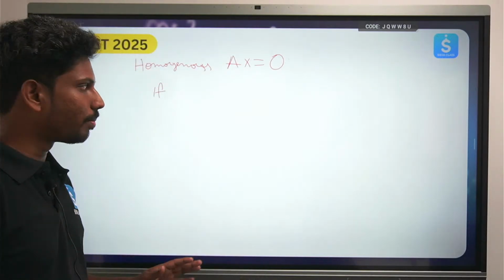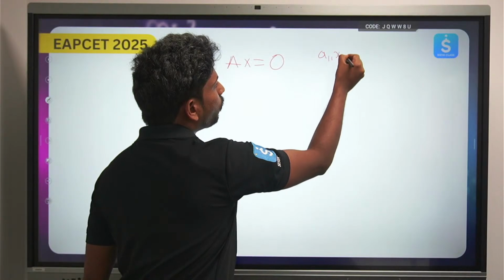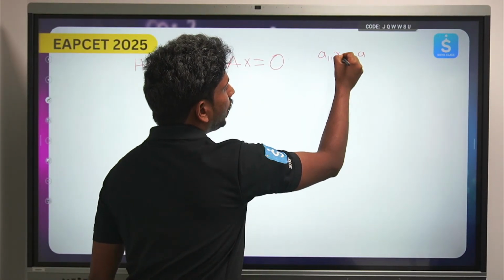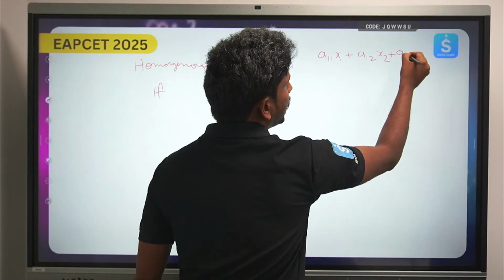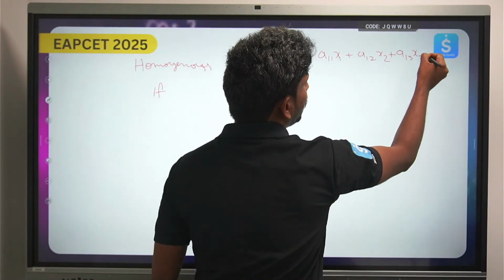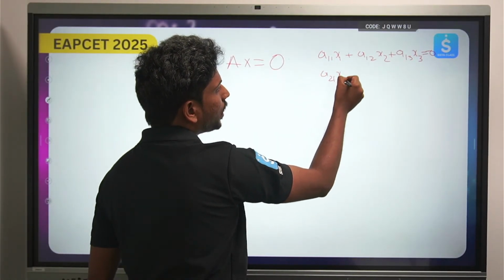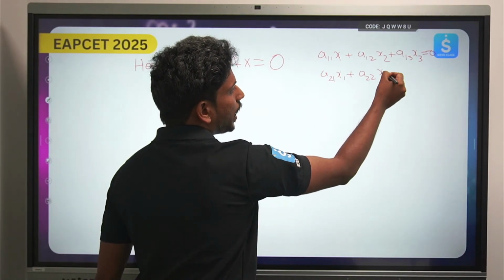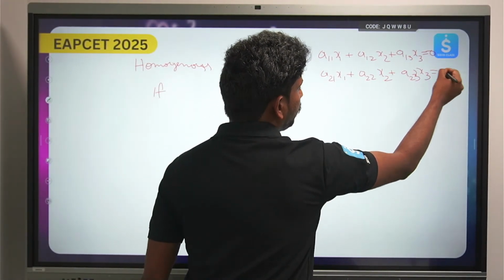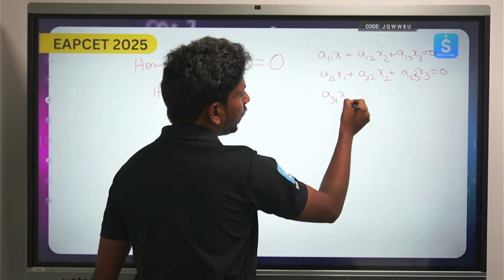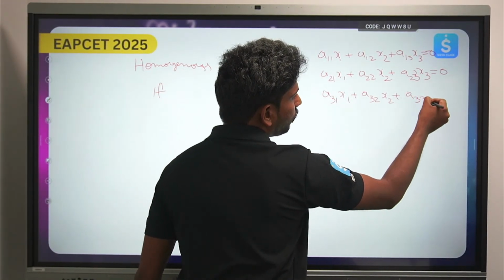In our case, we have a matrix which we can write, for example, as A11x1, A12x2, A13x3. I'm just taking this for simplicity. Similarly, this is one set of equations. So I have A21x1, A22x2, A23x3 equals 0, A31x1, A32x2, A33x3 equals 0.